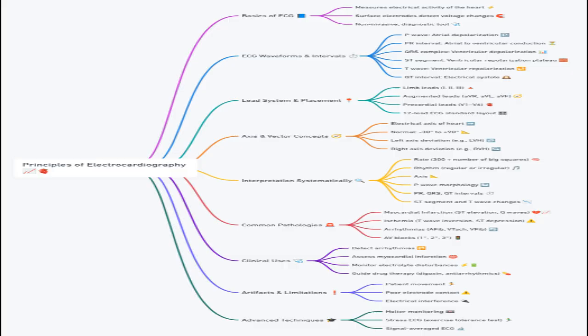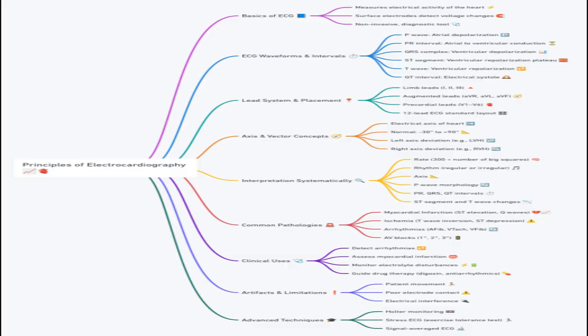Right, so the intervals, segments and their normal ranges. Remember, PR interval is 120 to 200 milliseconds. QRS complex is less than 120 milliseconds. QT interval varies with heart rate. It's corrected as QTc, which is typically 350 to 450 milliseconds for men and slightly longer for women.